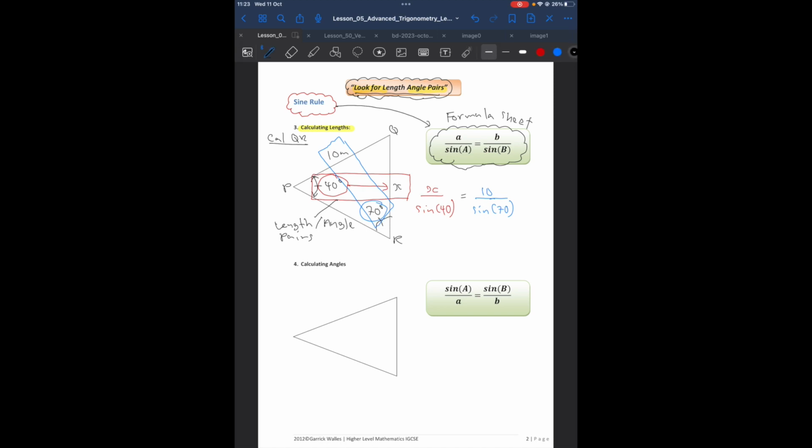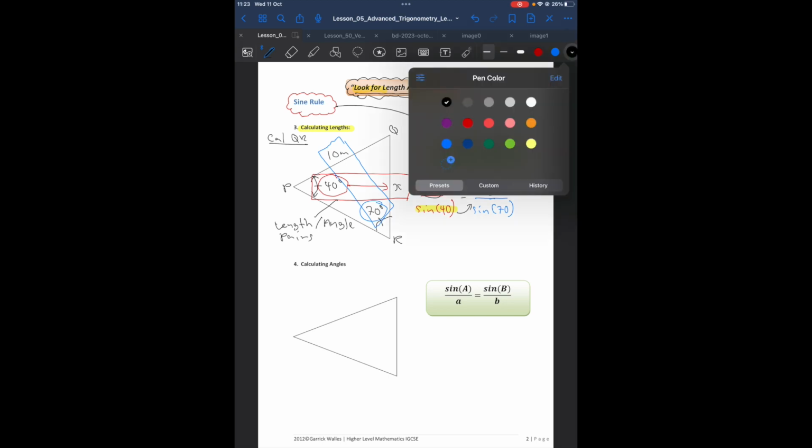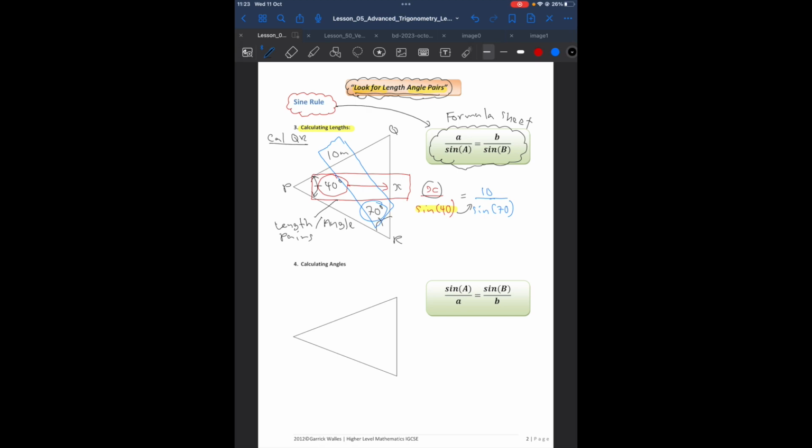So to solve this simple equation, to get the x on its own, we are going to bring this divide by sine 40 over the equal sign to the right. So we're going to be left with x equals 10 over sine 70 times sine 40.